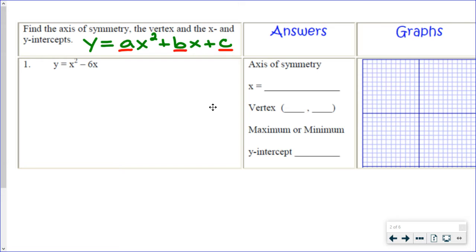So if you look at number one here, I'm going to rewrite that as like my green formula here. Okay. So this is, I have 1x squared. I have a negative 6x. Okay. And I don't have a constant at the end.